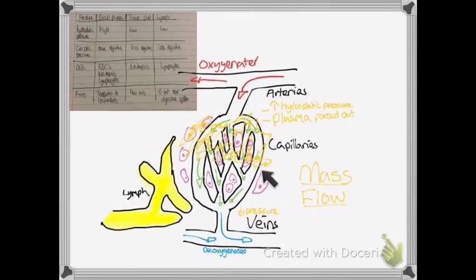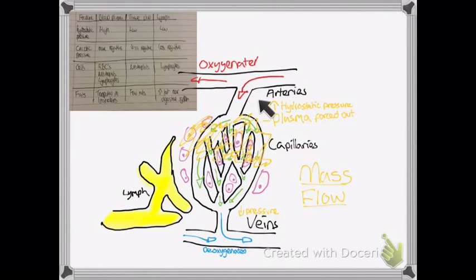So the plasma leaks out of capillaries, it surrounds the cells and tissues, it carries dissolved nutrients and waste with it, and it moves by mass flow. Okay, so if plasma is forced out at the capillaries, the blood is under high hydrostatic pressure. So then we've got the capillaries. The dissolved nutrients move out with the plasma.